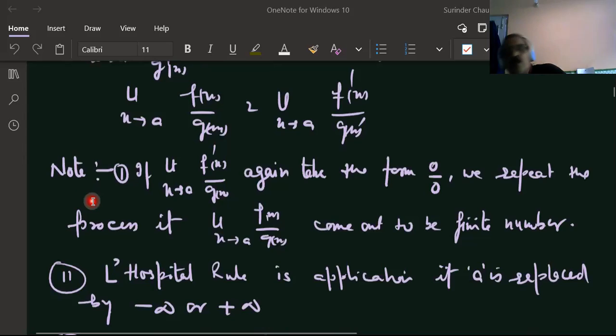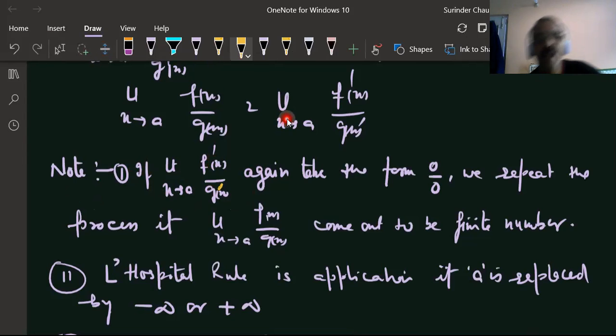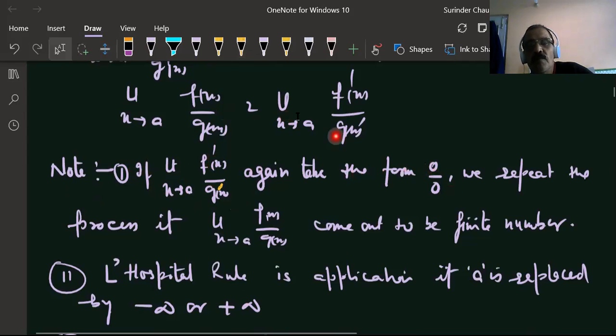Now some important things we have to note down. If limit x approaches a of f dash x upon g dash x again takes the 0 by 0 form, as earlier, we repeat the process if this does not come out to be finite.